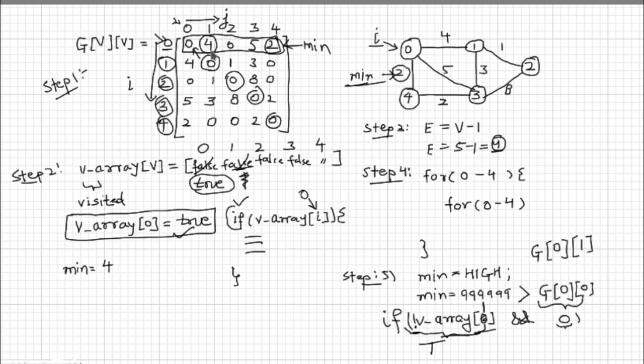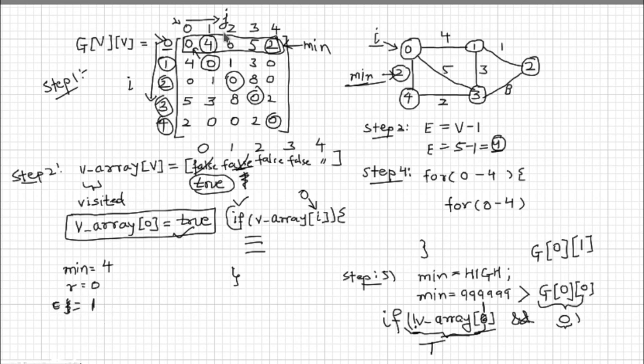So the value of minimum will be 4. Now let's see the values of r and c. r will be equal to i, and i was 0, and c will be equal to j, which is 1 in this case since it has been incremented. So the values of r and c are 0 and 1.